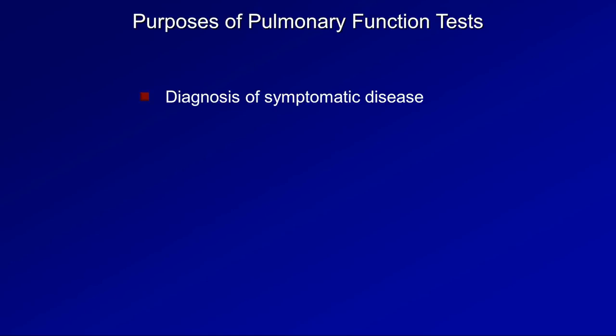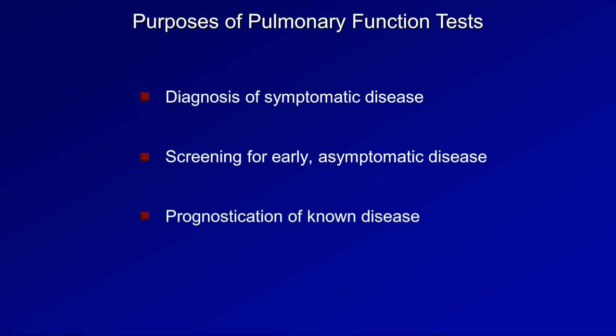However, PFTs can also be used to screen for early asymptomatic disease in patients at high risk, for example, patients on long-term amiodarone, which has significant pulmonary toxicity. PFTs can also be used for prognostication of known disease. Along similar lines, they can be used to estimate surgical risk and likelihood of favorable outcome in some specific circumstances, such as lung resection in patients with COPD.